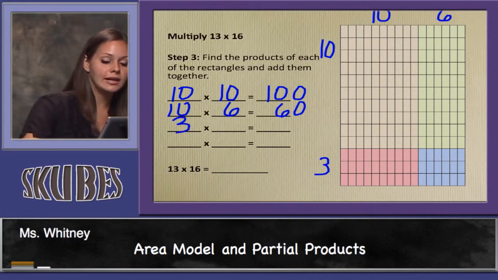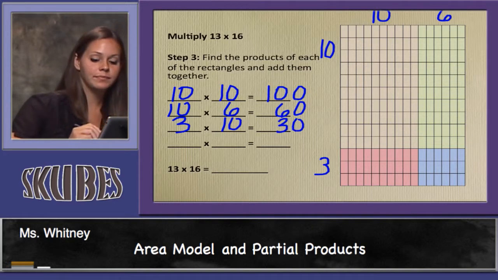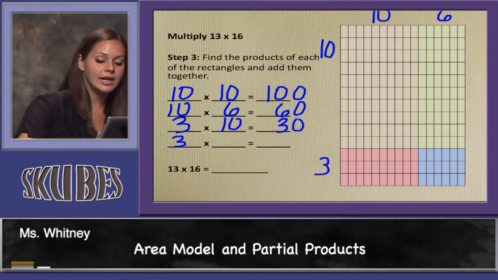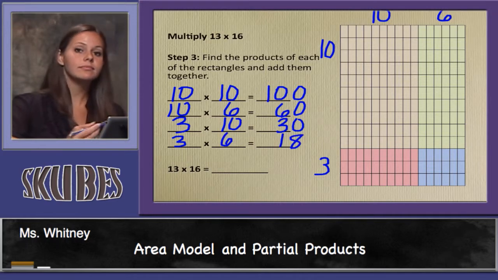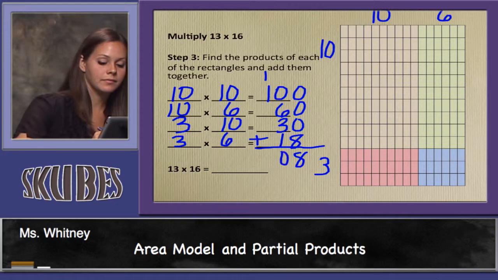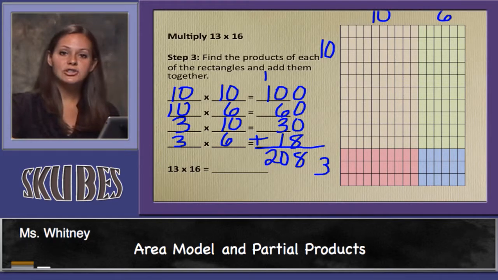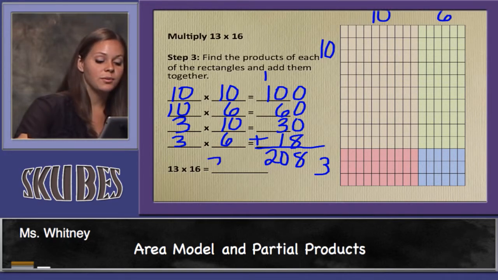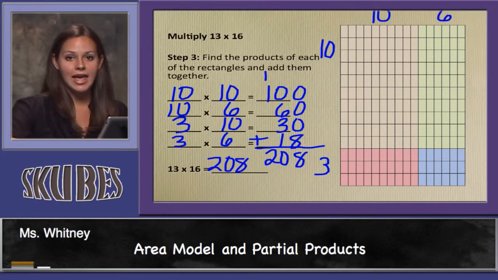Then we'll do 3 times 10, which is 30. And 3 times 6, which is 18. Now we can add them together. And we get 208. So 13 times 16 is 208.